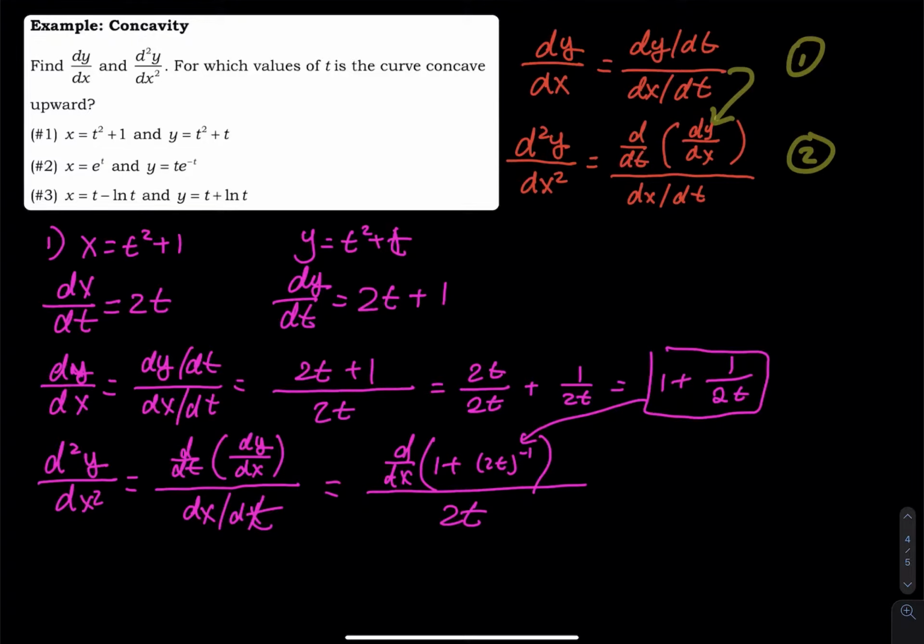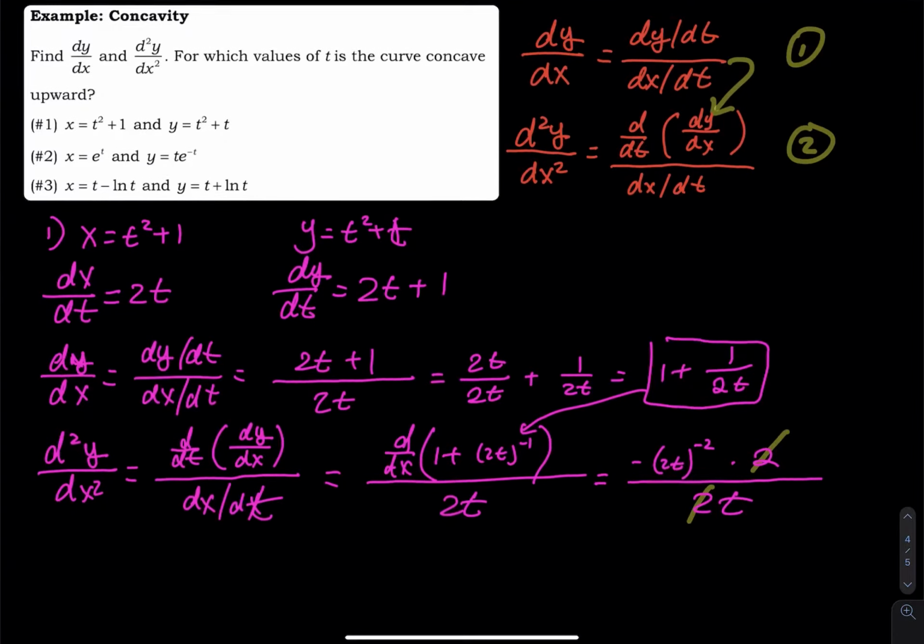So overall, the derivative of 1 is equal to 0, and then for 2t raised to the negative 1, you can apply the chain rule. So you bring the negative 1 down, then (2t) to the negative 1 minus 1, and then by chain rule, you take the derivative of the inside. The derivative of 2t is equal to 2. And then the denominator, no change, but since we have 2 on top and bottom, I can easily get rid of these 2.